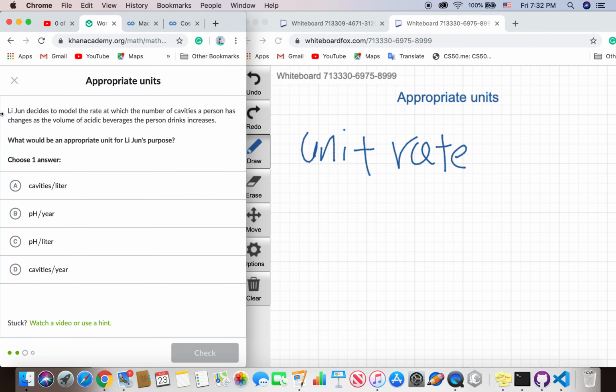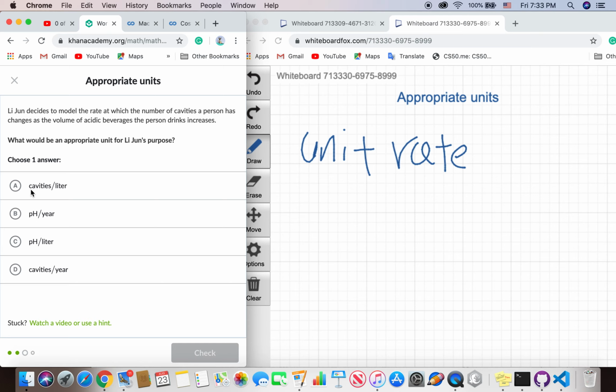And then Li Jun decided to model the rate at which the number of cavities a person has changes as the volume of acidic beverage the person drinks increases. So we are asking about volume this time.